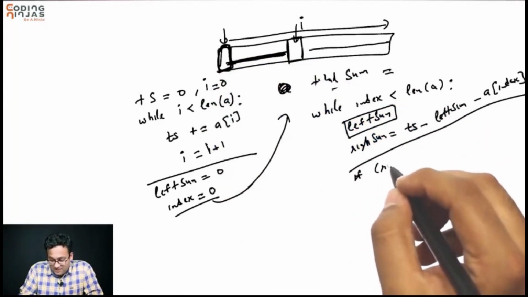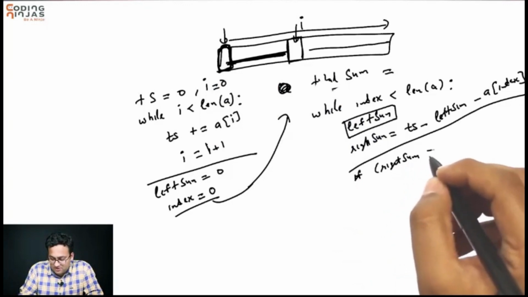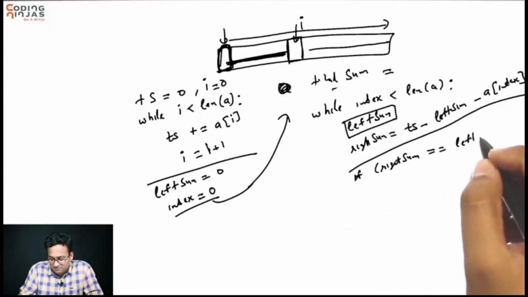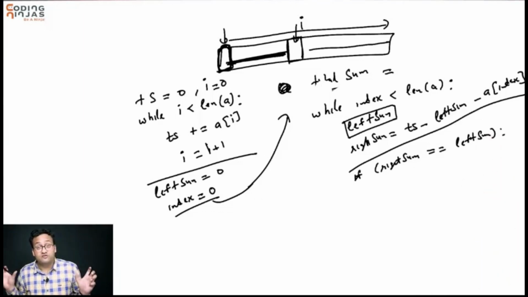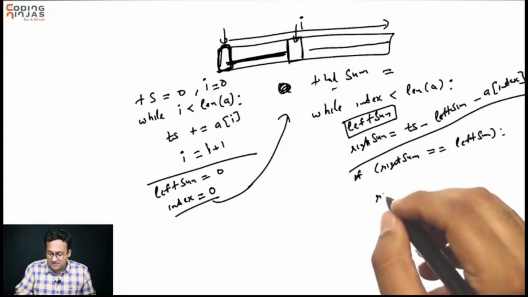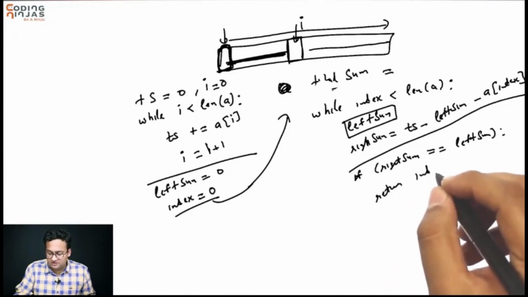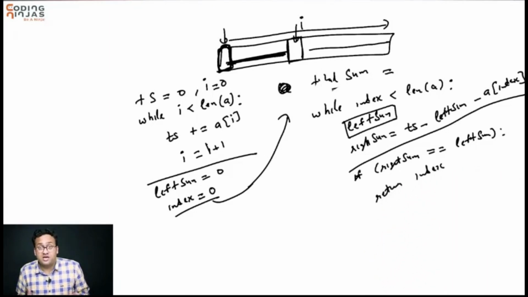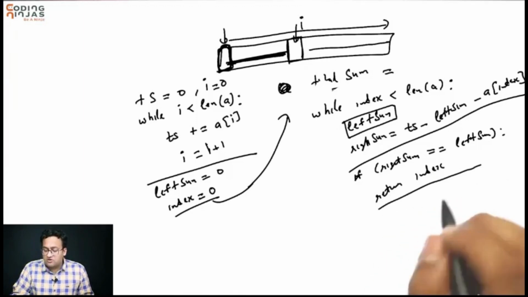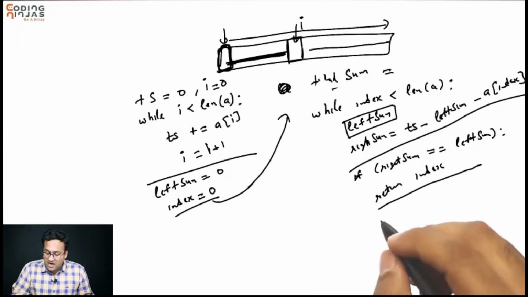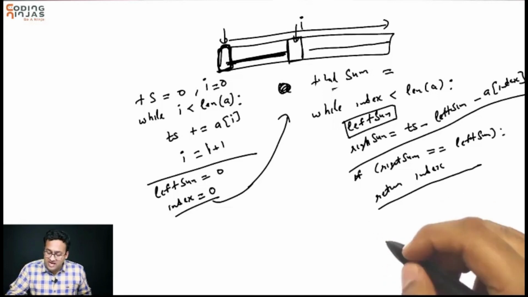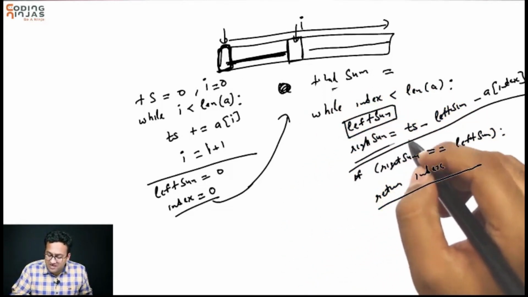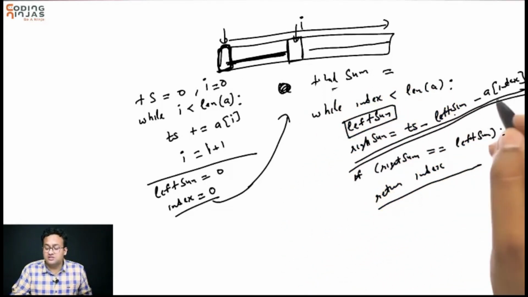Here, if right sum equals left sum, in that case, if both of these sides are equal, I can simply return index. I'm done. I have to find the first equilibrium index. In case they are not equal, I need to change my left sum. I'm not going to change right sum. The next time I come inside the loop, I'll update my right sum using these three values.